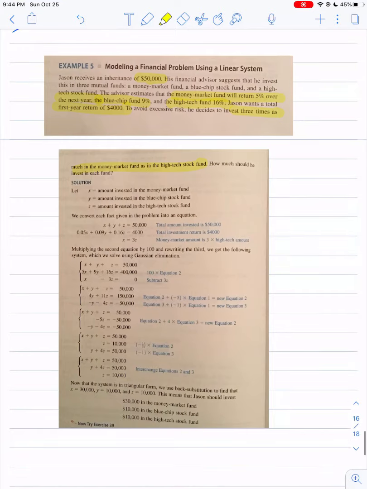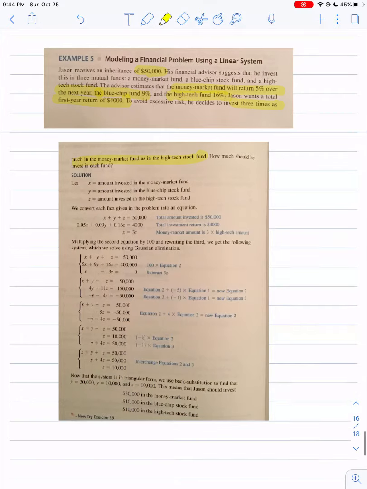And then I want my money market amount to be 3 times the high-tech amount. Since my money market amount is greater than the high-tech stock fund, I have to multiply the high-tech amount by 3 to get the amount invested in the money market. So that's why it's x equals 3z.